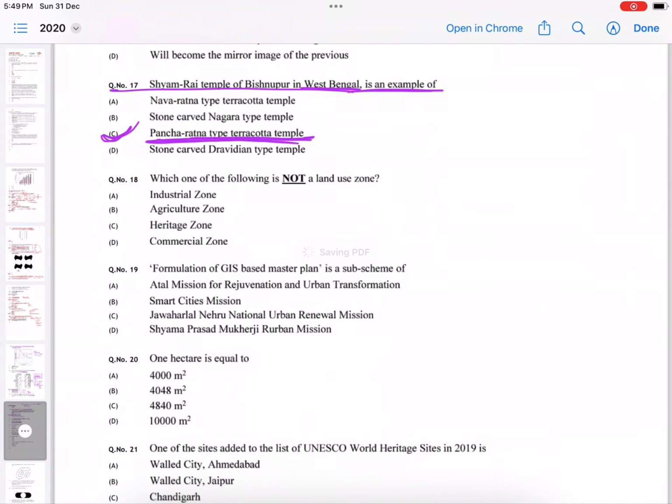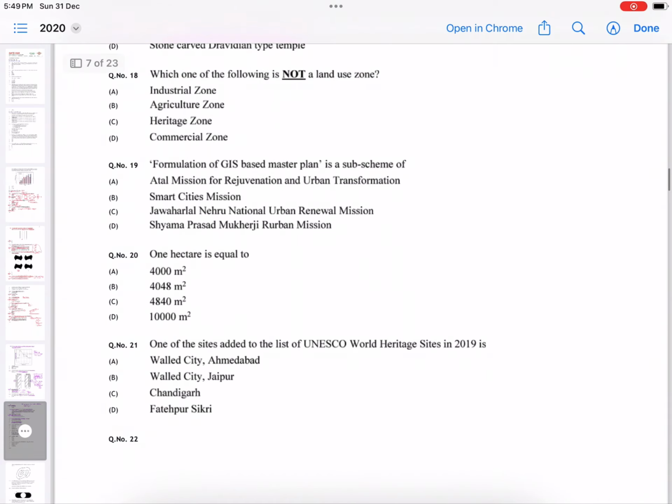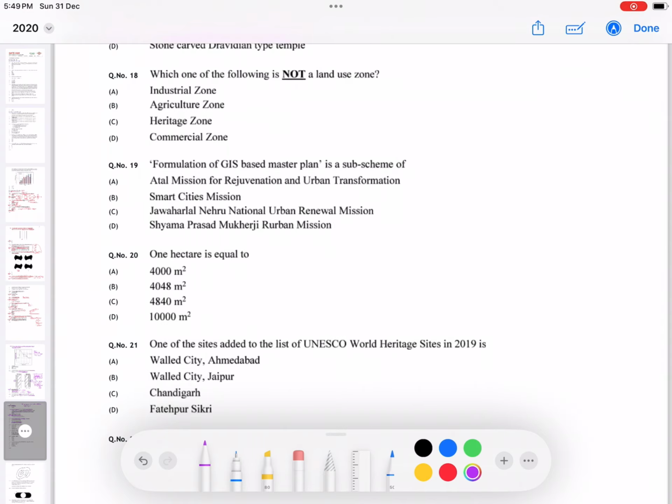Moving on to the question number 18th. Which one of the following is not a land use zone? So by this we know industrial zone is shown by violet color. Agriculture zone is shown by green color.